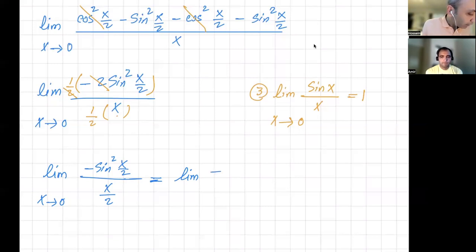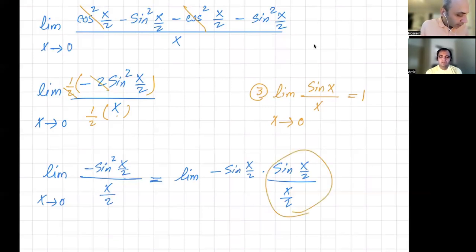I'm going to have negative sine of x over 2 times sine of x over 2, and then x over 2 in the denominator. If I use rule number 3 that I wrote up there, this is going to be 1. And I forgot to say x is approaching 0 here.